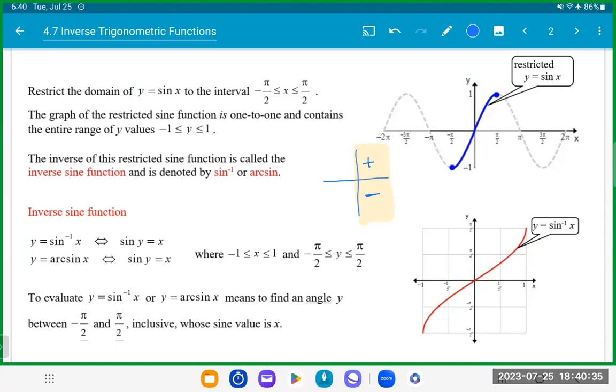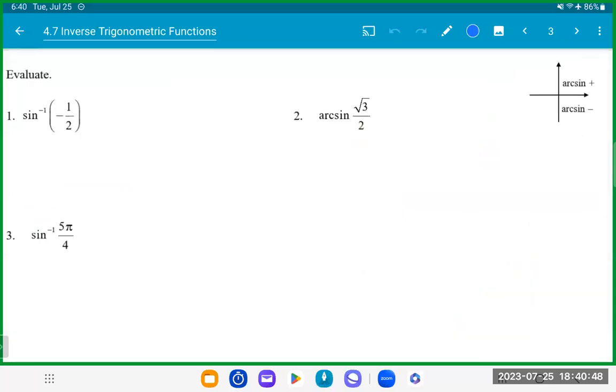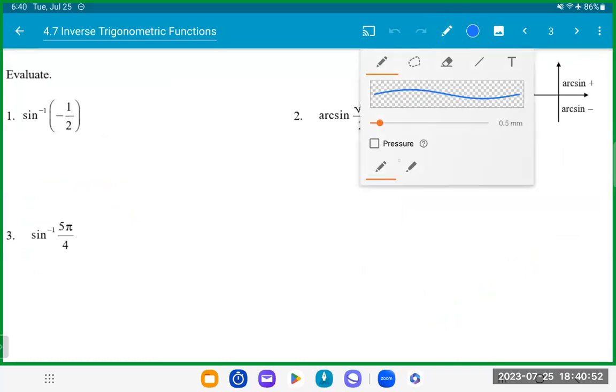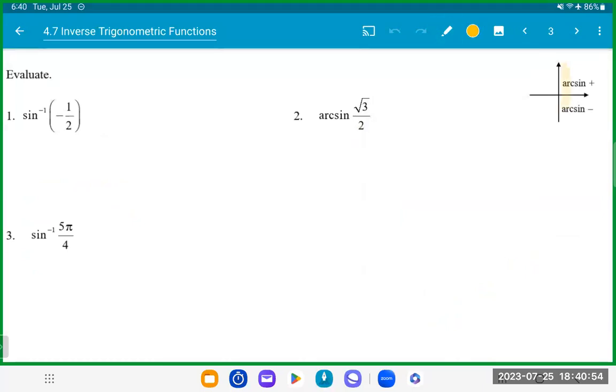And again, you can go from -π/2 to +π/2 as your domain, okay? Then I have a couple of examples, and you'll see the picture I have over here in this corner, which shows that our arc sine is positive in quadrant 1, and the negative values are in quadrant 4.